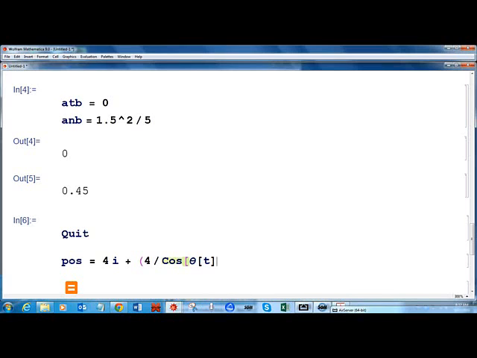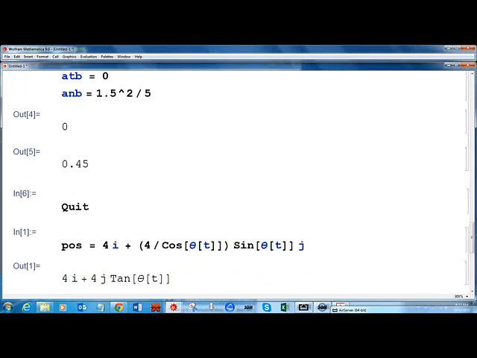And so that's the cosine. 4 over the cosine, that's the R, close parentheses, times the sine of theta, t, and that's the position. Oh, times J. There you go. How's that? Is that good? Everybody okay with that?